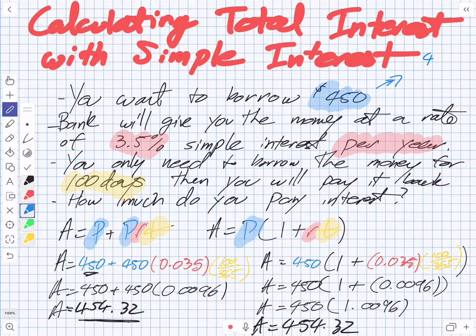My loan is going to say I owe them $454.32, and I actually only started with $450. We just have to subtract these two values, and we're going to end up with $4.32. That's the amount of interest that we're actually going to be paying them, right? Not that large of an amount over 100 days, okay?